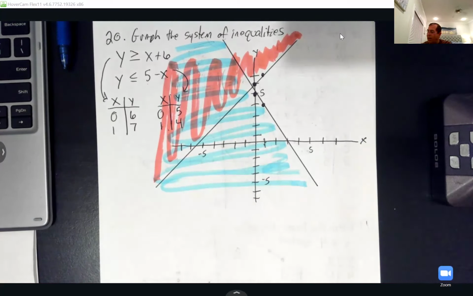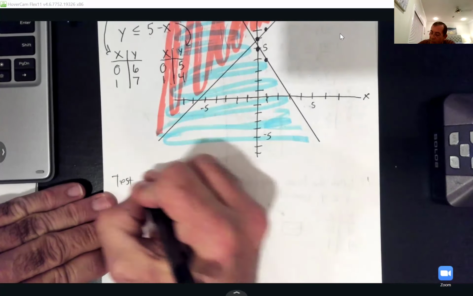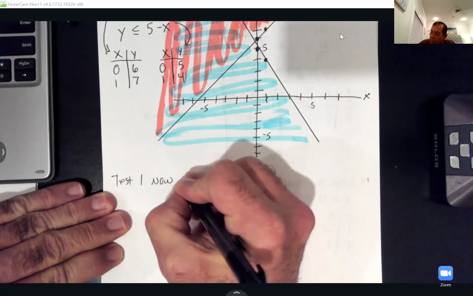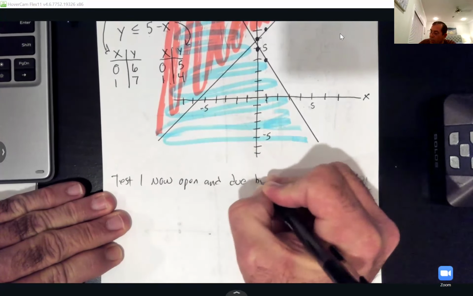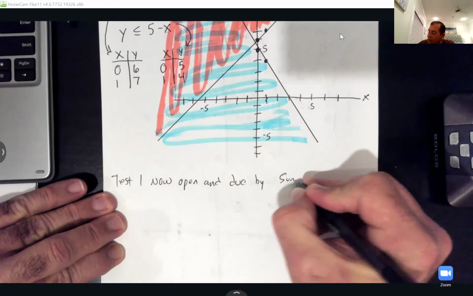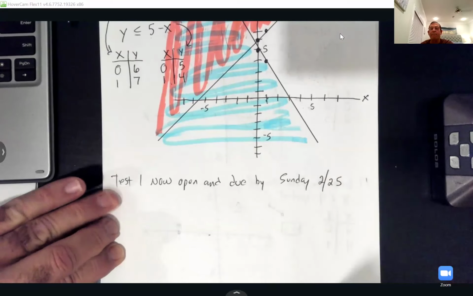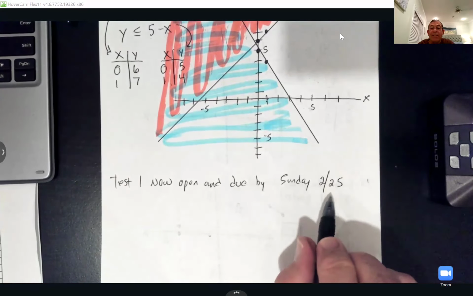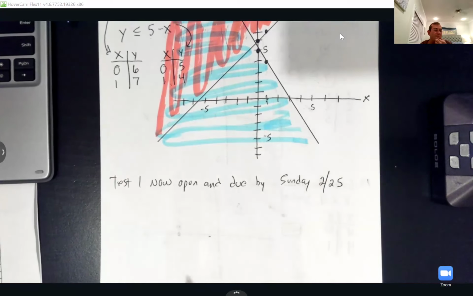All right, y'all. So here's the thing. Test 1 is now open and due by Sunday. Sunday will be the 25th. So you got till midnight Sunday the 25th to finish test 1.